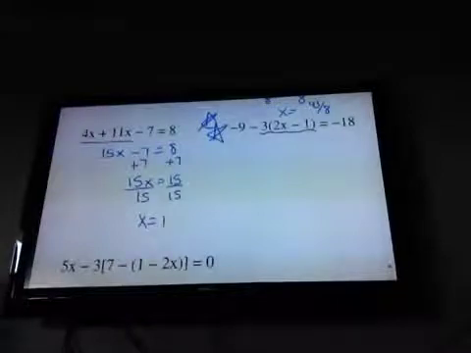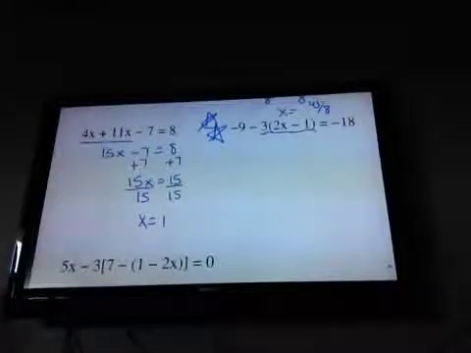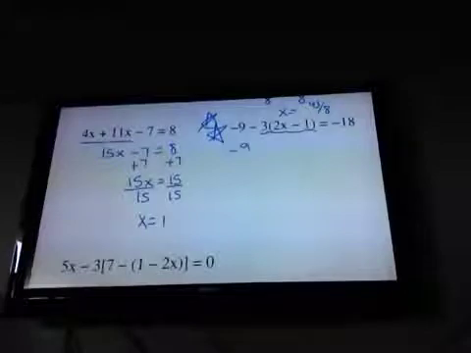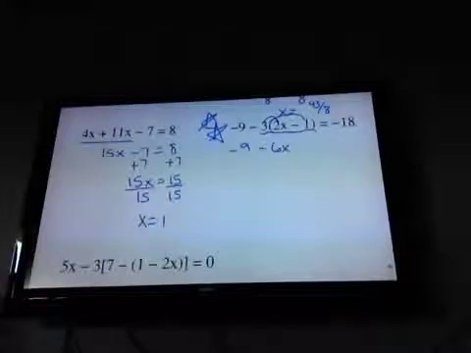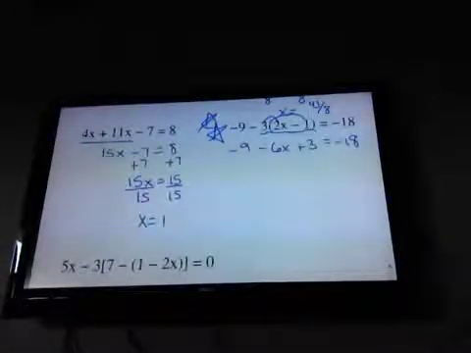Do not take -9 minus 3, get -12, and then distribute. Several people did that on the assessment you just got back. Okay? Distribute first. -3 times 2x is a -6x. -3 times -1, positive 3.